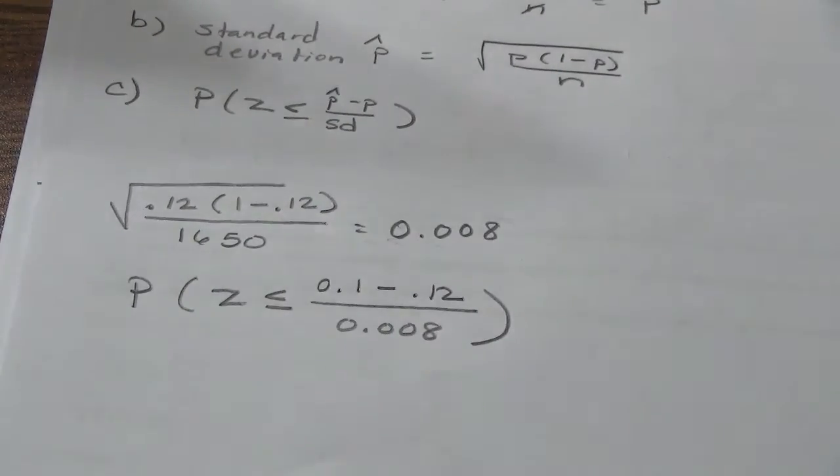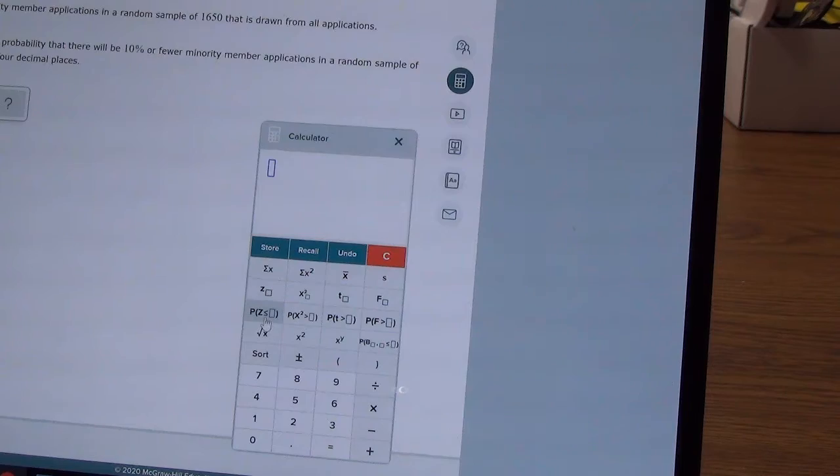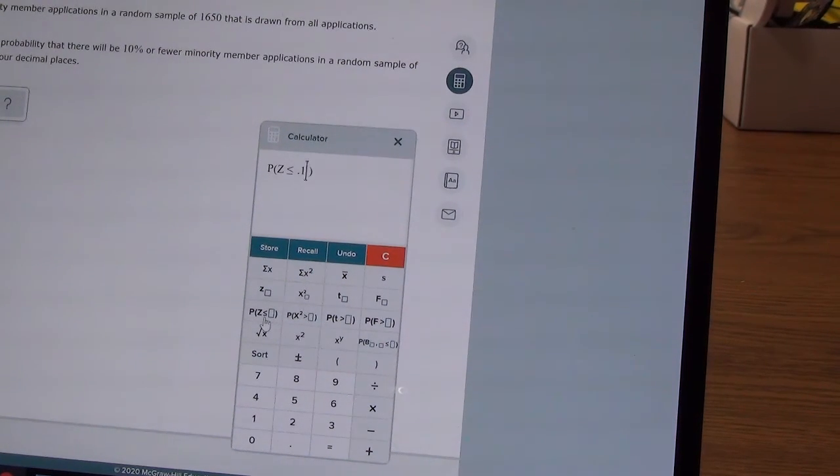And so that's the calculation I'm going to do on my Alex calculator. And so if I clear that out, I'm just going to do the P of Z is less than or equal to, and then I'm going to have my 10% minus my 12%, and that's going to be over the standard deviation, 0.008.